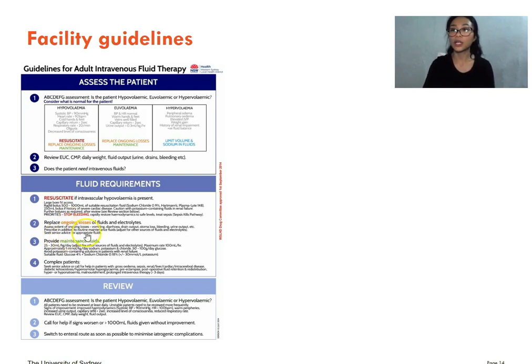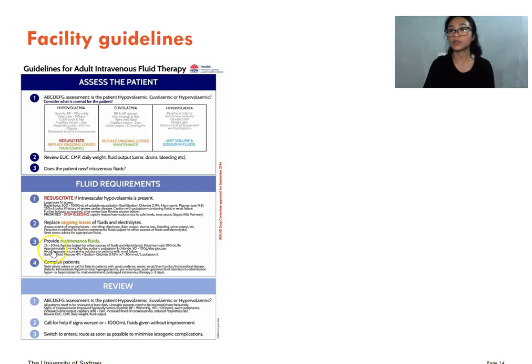To replace ongoing losses of fluid and electrolytes, there's another guide there. Assess the extent of ongoing losses, such as vomiting, diarrhea, drain output, etc. Prescribe in addition to routine maintenance, which is below, and you will need to seek senior advice for appropriate fluids. And so if it's a junior medical officer, they'll need to speak to their resident.